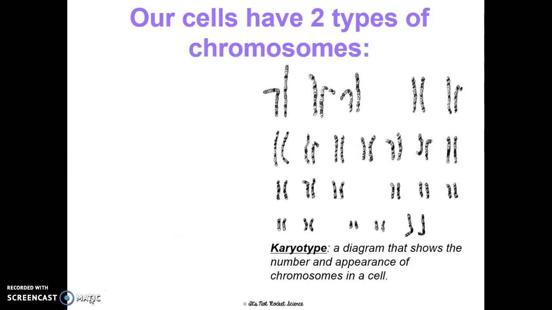So, in the human body, we have sets of chromosomes. And we've talked about this. And as you know, we have 46 sets of chromosomes. Other animals might have more or fewer sets, but we as humans have 46 sets of chromosomes. Now, these chromosomes, like the cells, are split into two types. The first type are called autosomes.